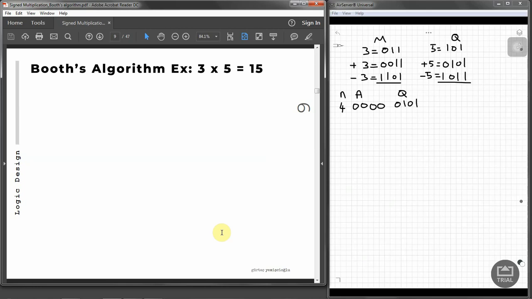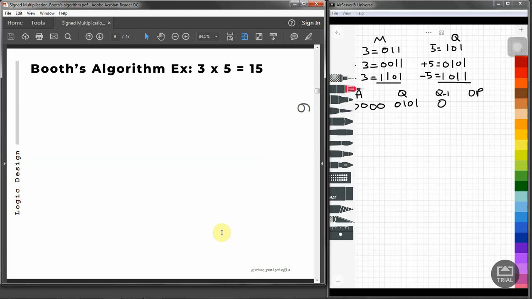And then we also have Q minus 1, which we already set, and that is initialized to 0. And the last thing that we have is the operation that we are going to perform. Now, we have got the initialization, we have got all the numbers that are required, and now we are ready to perform the algorithm or the Booth multiplication.